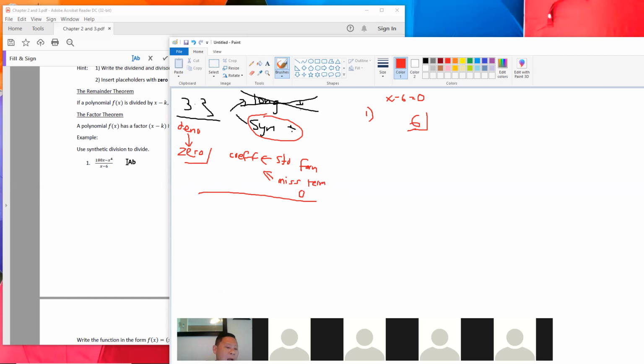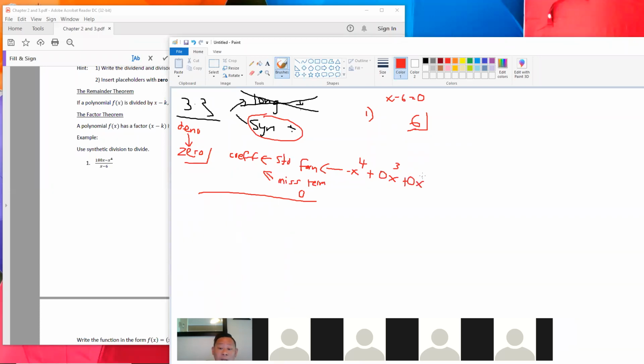Can someone tell me how you write this into standard form? 180x minus x^4 should be negative x^4. Do we have x^3 here? No, we don't, so you have to put 0x^3. Do we have any x squared here?